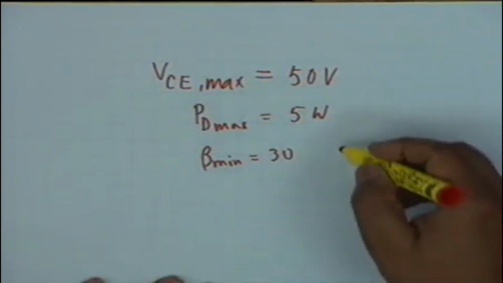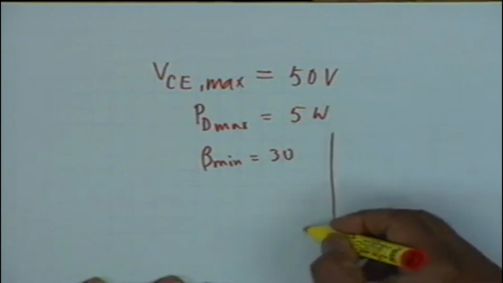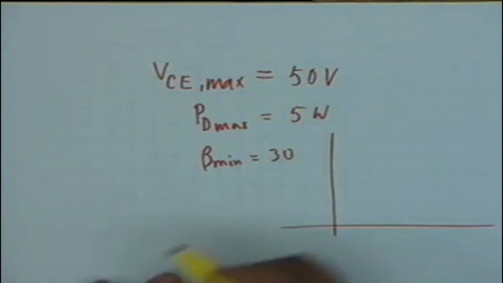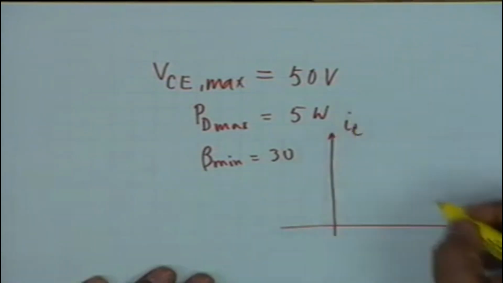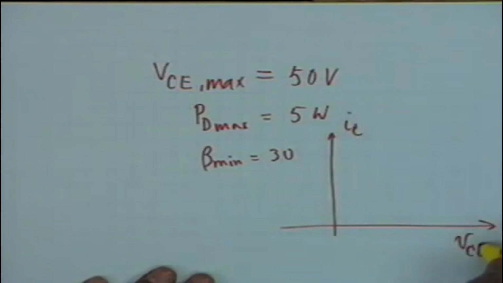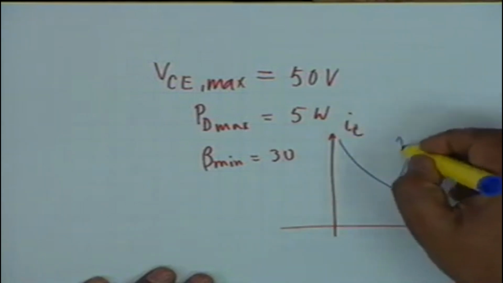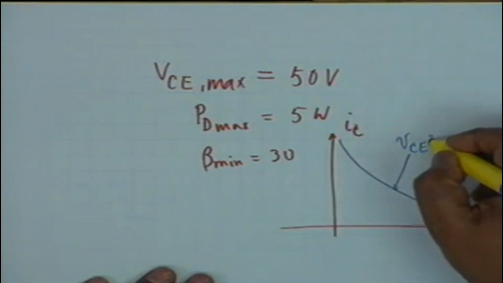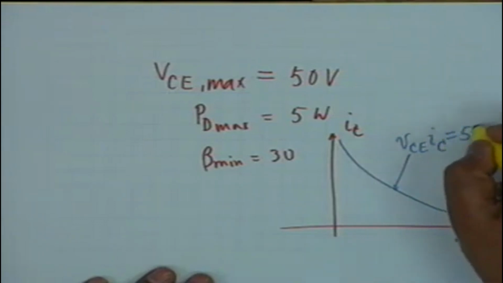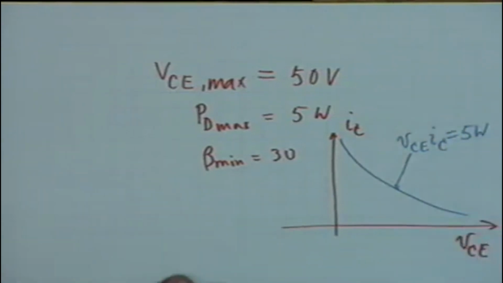Then obviously you look at the transistor characteristics, the IC versus VCE characteristic. In these characteristics you draw the PD max line, that is a line in which VCE times IC is equal to 5 watt.